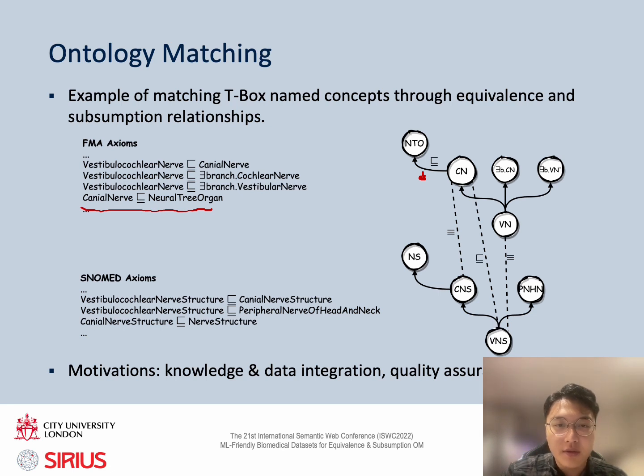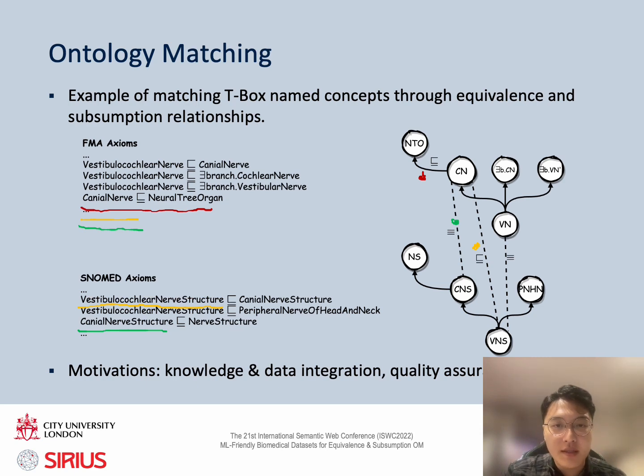And for the cross-ontology relationship, we have an example here, which says that the vestibulocochlear nerve structure class in SNOMED is a subclass of the cranial nerve class in FMA. And we can also have an equivalence relationship, as an example, stating that the cranial nerve structure class in SNOMED is equivalent to the cranial nerve class in FMA.